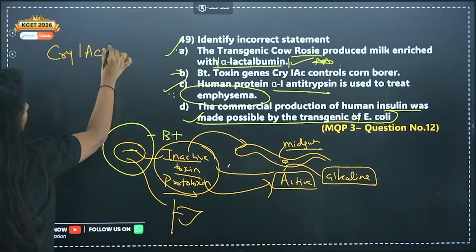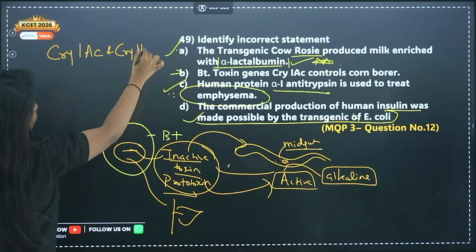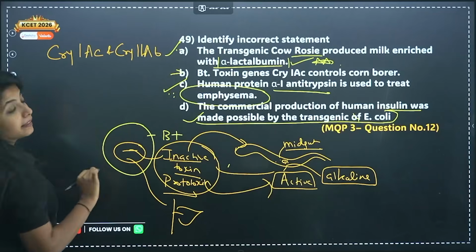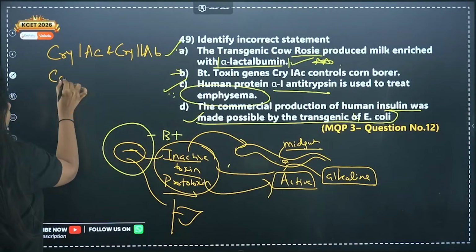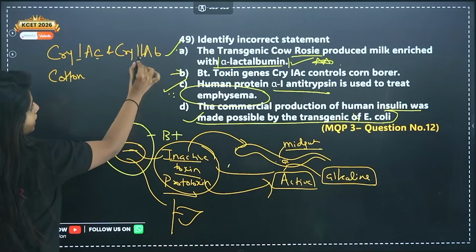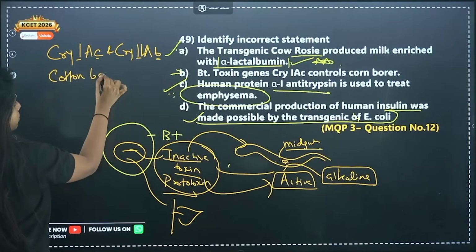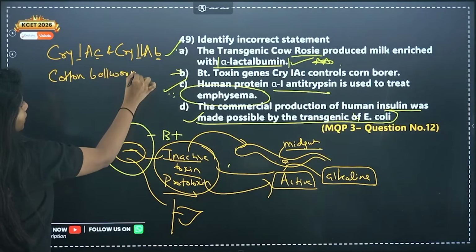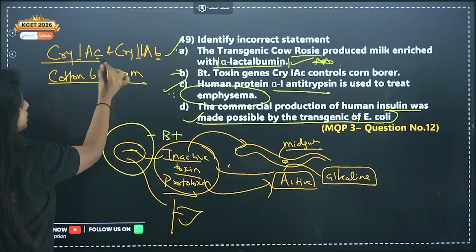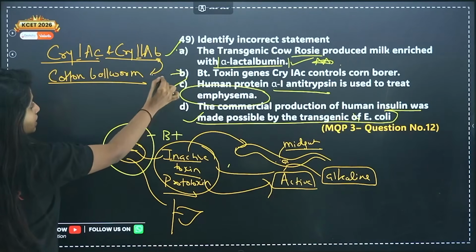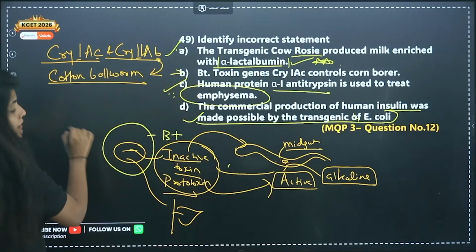Cry1AC and Cry2AB. The first letter is C, so cotton. The second letter is B, so bollworm. Cry1AC and Cry2AB produce toxin affecting the cotton bollworm.